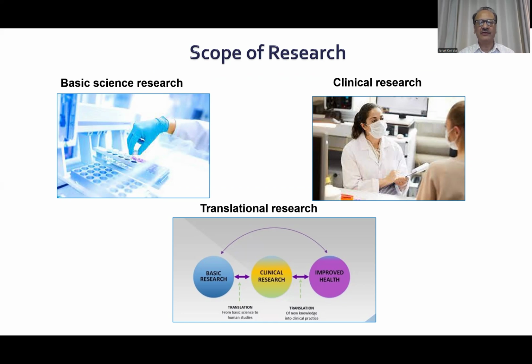And that's called bench to the bedside translational research. On the other hand, we practice something, find something in clinical trials, and we want to implement it at the community level, population level. That's called, again, translational research, for the betterment of society, the betterment of the public and the population health.